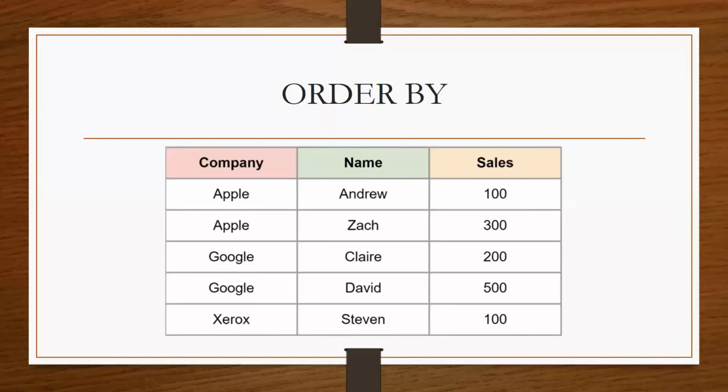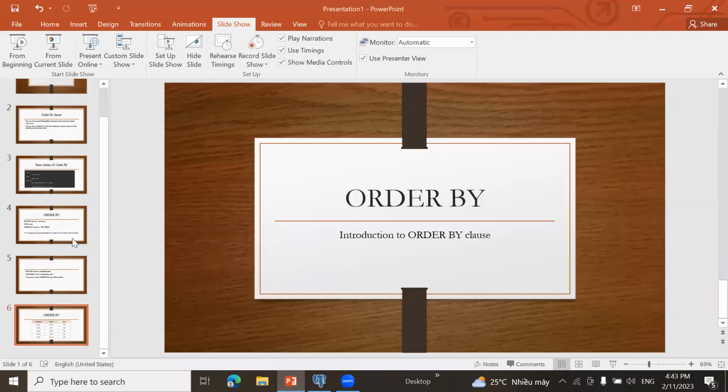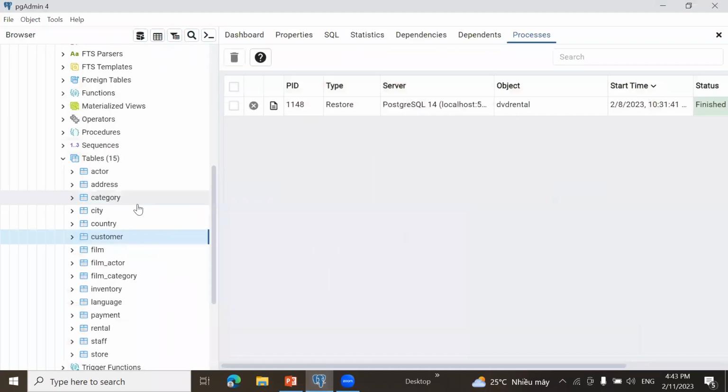So if you have duplicate values in a particular column and you want to sort not just by that column but by another column as well, it makes sense to use ORDER BY with multiple columns, and it's going to sort based on the columns you provide. To make this clearer, I will jump over to pgAdmin for another case.